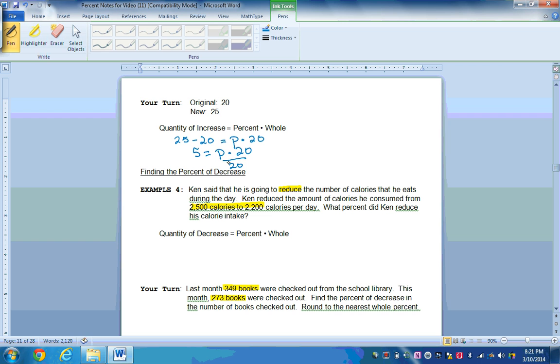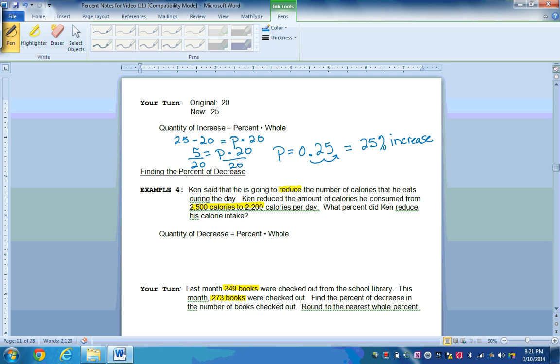Divide by 20, divide by 20, and 5 divided by 20 is 0.25. Change that into a percent, multiply by 100, and it comes out to a 25% increase. How'd you do on that one?